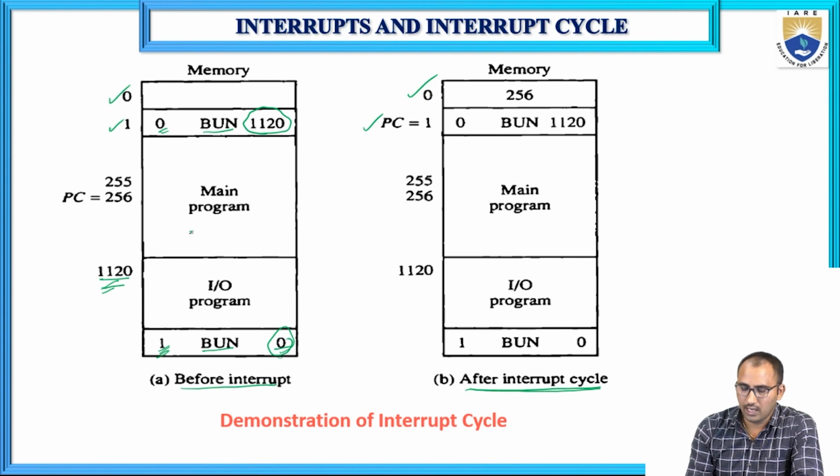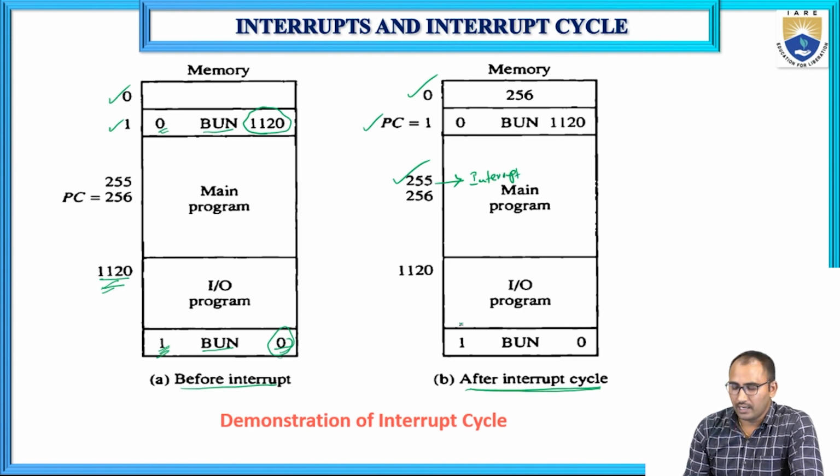Here is the main program, and at location 255 the interrupt occurred. So what will happen when the interrupt occurred? It will go to the corresponding IO program.